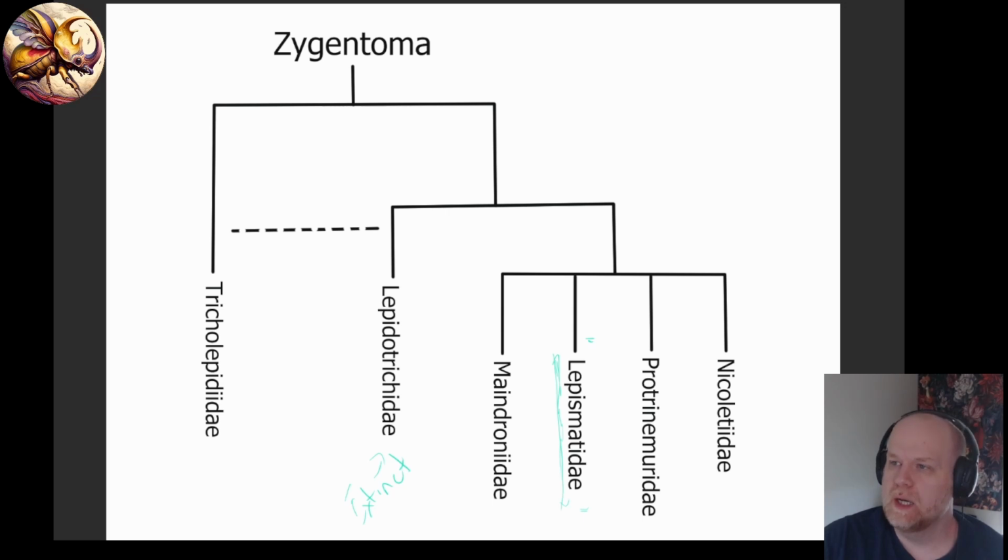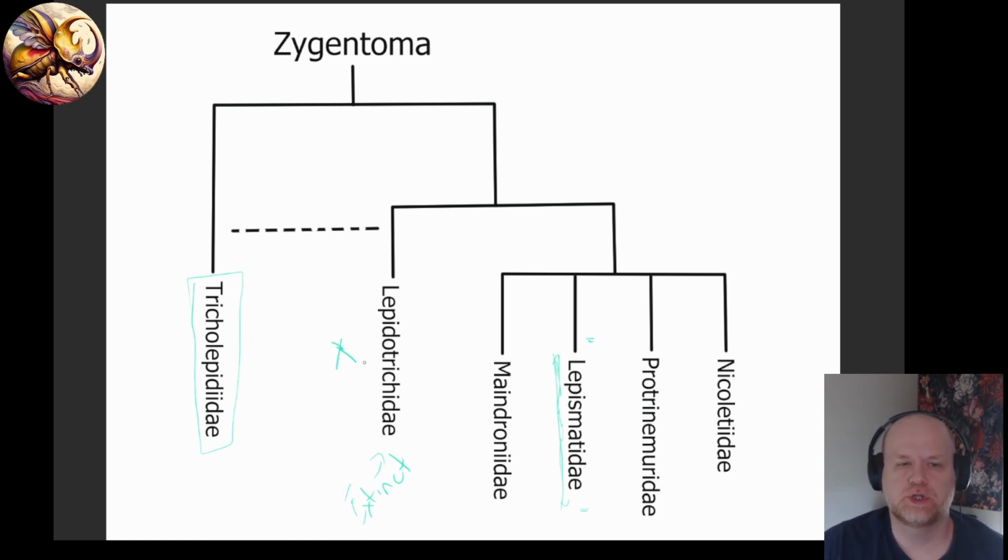There is one genus, however, Tricholepidion, which does exist. And historically, Tricholepidion was included in the Lepidotrichidae. But with recent genetic information and stuff like that, we are now suspecting that it's its own family of sort of bizarre, not yet extinct, but extremely primitive and ancient insects. And so Tricholepidion is now considered maybe its own family.